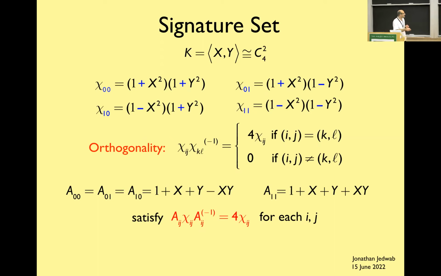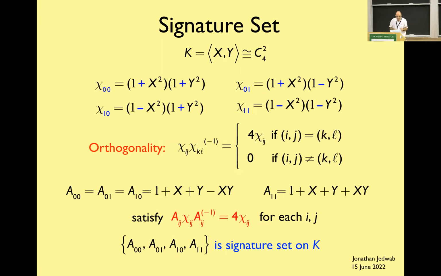Okay, so that's simply something that I'm going to exhibit. It has this key property, and I'm going to call that set of 4 elements a signature set on the group K, on this group.